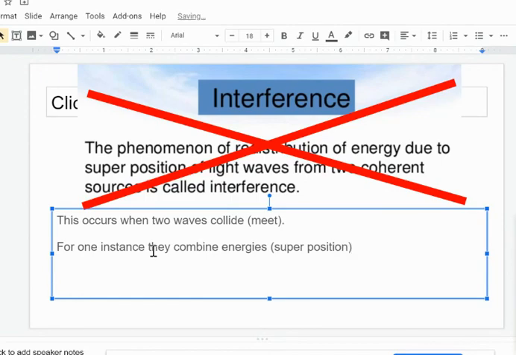And during that moment of those energies combining, the amplitudes are added. So the amplitudes of those two waves at that moment will be added to form either a larger wave, so a larger wave with a larger amplitude, or a smaller wave with a smaller amplitude.